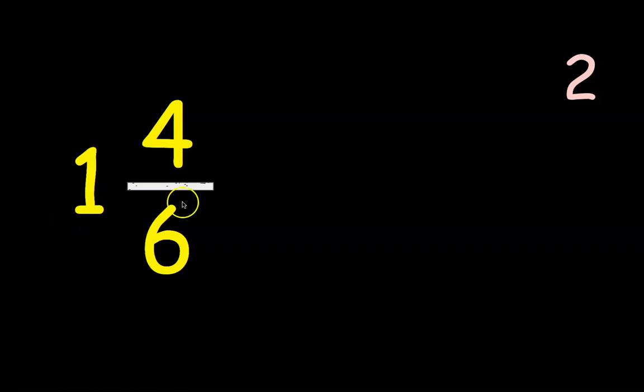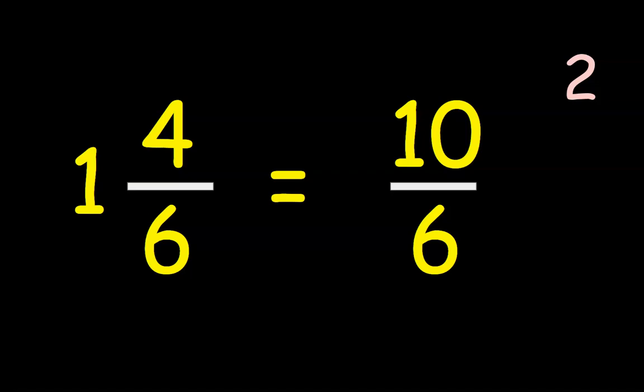Again, this pizza here was cut into 6 equal pieces. So I may as well cut this one into 6 equal pieces as well. Since we're working with sixths, why don't we just stick with that? This whole pizza, how many sixths will I get from this whole pizza? The answer is 6 sixths plus 4 sixths from here will give me 10 sixths.